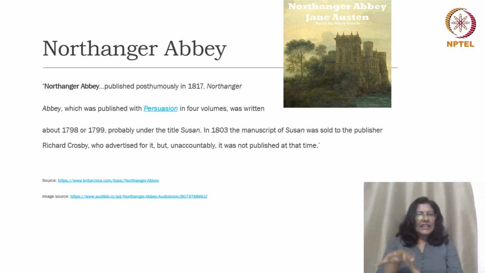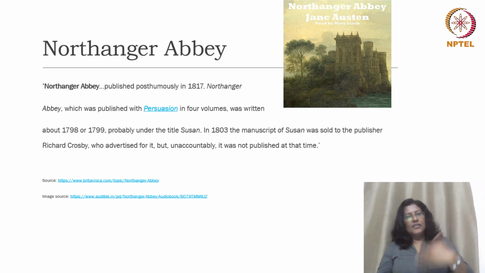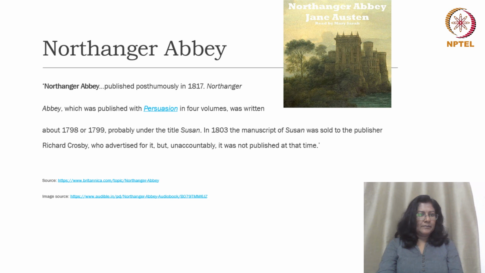Susan is the title given to Northanger Abbey in its first version, and Jane Austen goes back to it, revises the novel and retitles it as Northanger Abbey. So you can see how revisions are crucial to the way narratives are structured, especially with regard to Jane Austen.